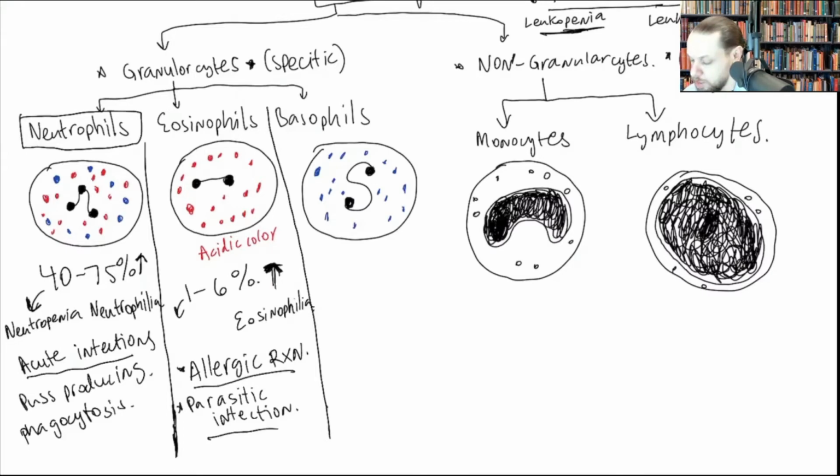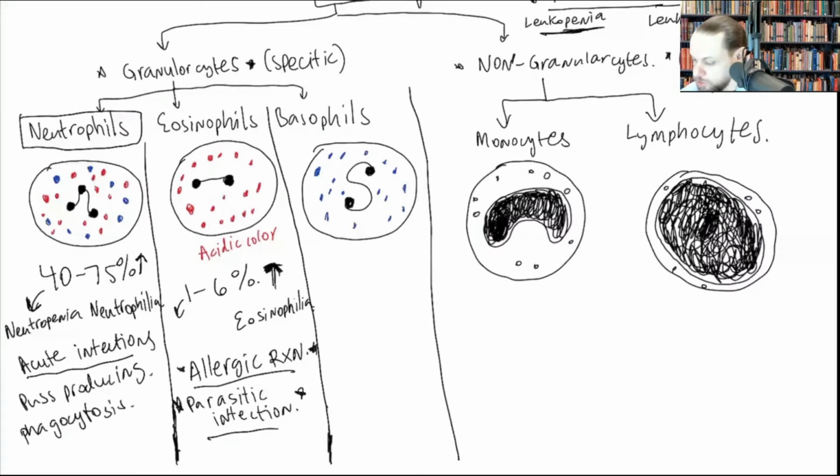We see it in parasitic infection, in certain neoplasms, cancers, and also with certain collagen disease states. But for the most part, what you want to remember is allergic reaction and parasitic infection, this is the one that gets elevated.